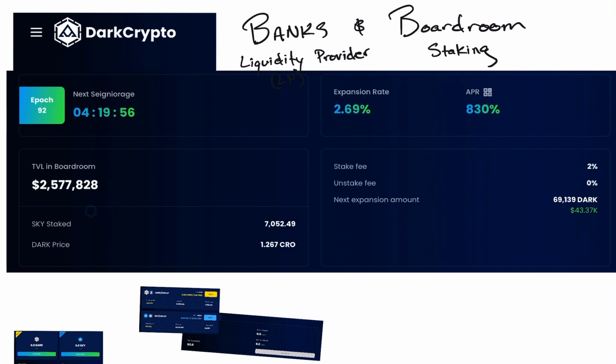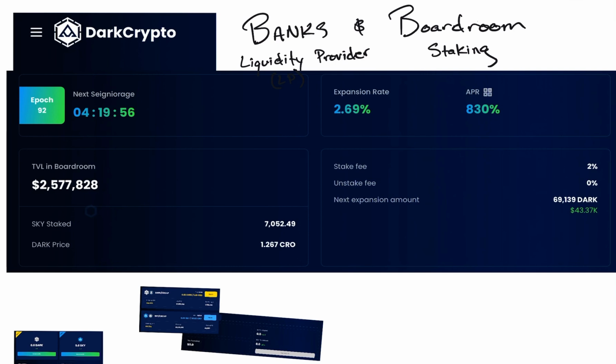And I don't even know if I'm saying that word right, to be honest, guys, but here's what you need to know about that long, complicated looking S word that is right here. All it means is that Dark Crypto's algorithm is constantly going to try to negate any price deviation away from the peg.